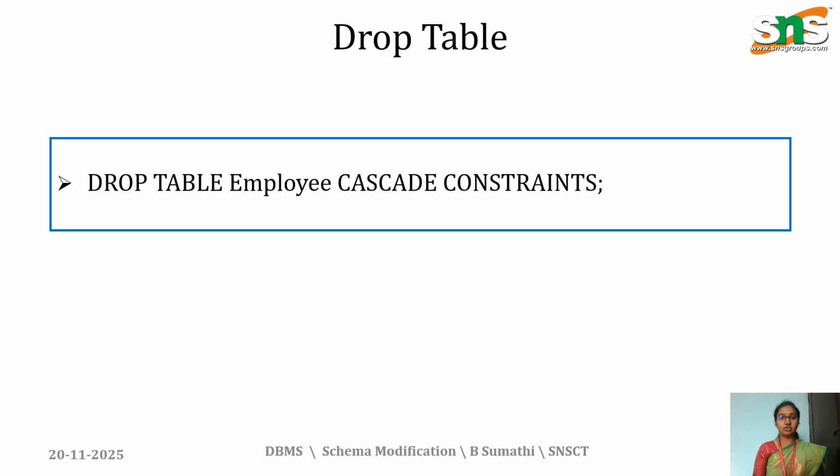And next one is your drop table, which is nothing but deleting a table. Drop table employee cascade constraints. So these are the basic things in your schema objects.